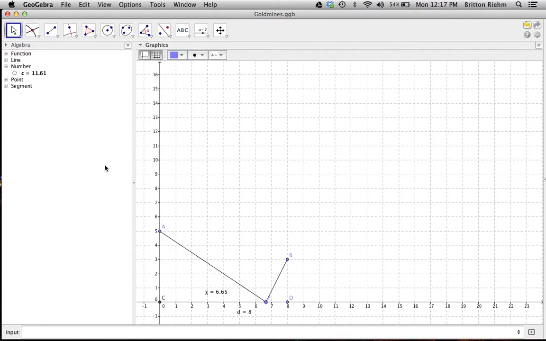So if I take a look here, I've created a point E, and this point is going to represent the total distance of AP and PB as I move P closer or further away from C. So let's see what happens here.